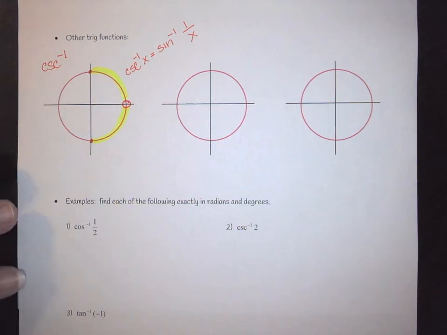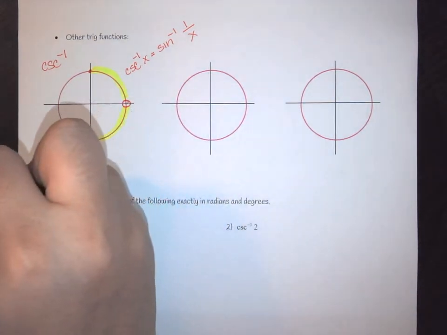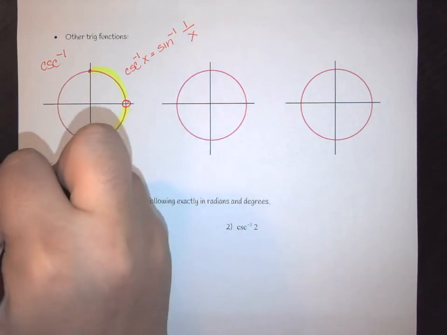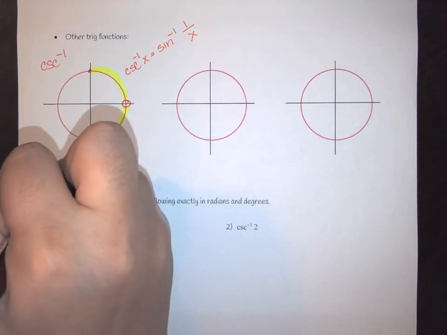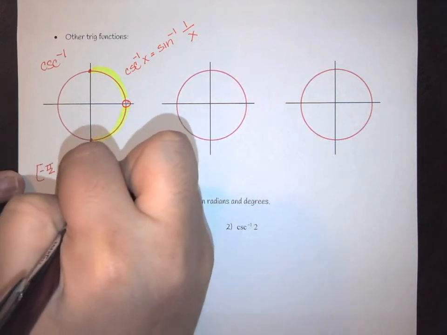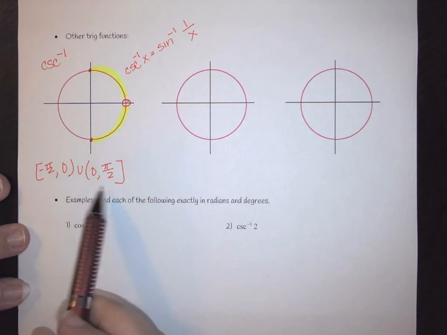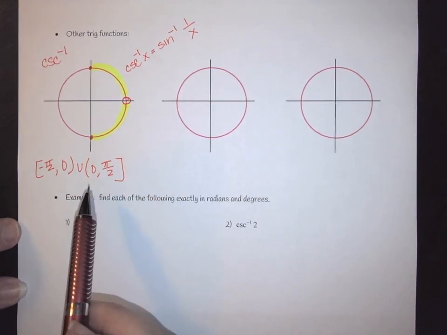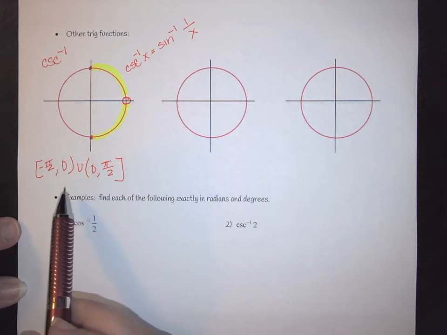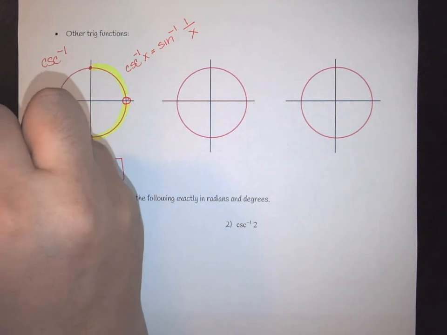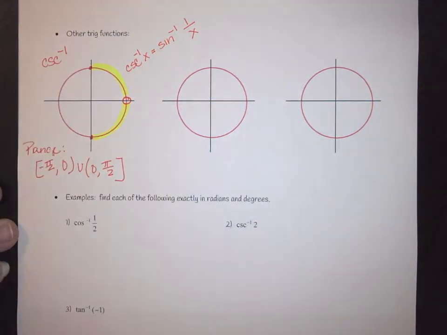If we're looking at its range, again, we would start at the negative pi over 2, travel to 0, and then go from 0 to pi over 2. When you're writing these, a lot of times you have to think of the way we wrote the domains when we were in algebra. The only difference is here, this is actually going to be the range because we're dealing with the inverse.